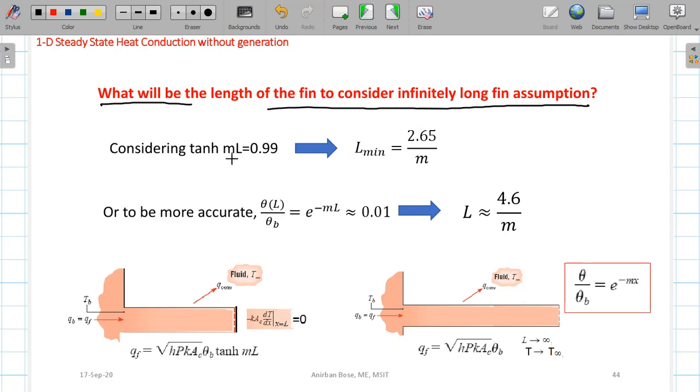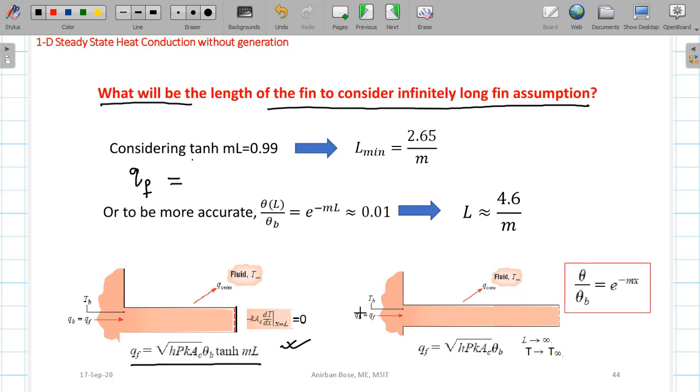Here, just remember the expression of Q fin in the case of an insulated tip. If you remember, this was the expression of Q fin. Now for the case of the infinitely long fin, this was the expression of Q fin.